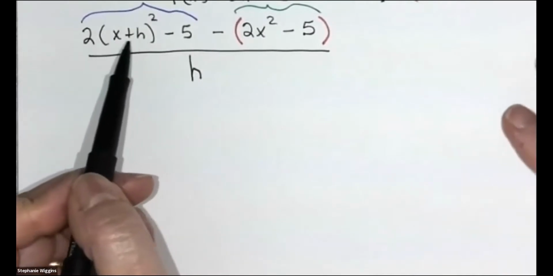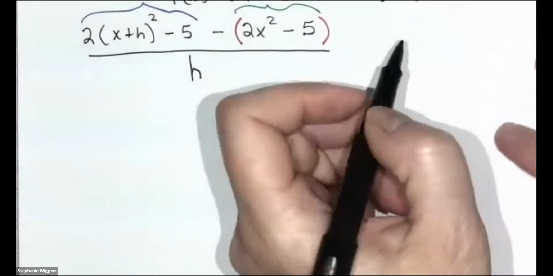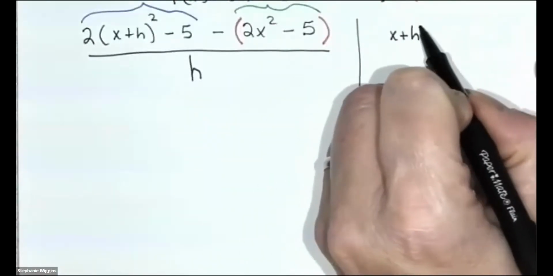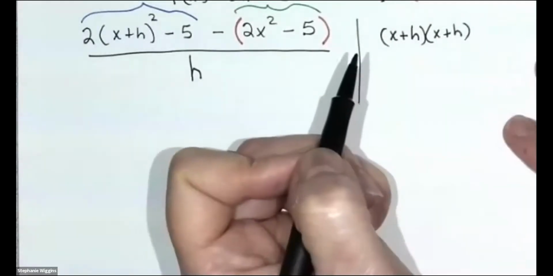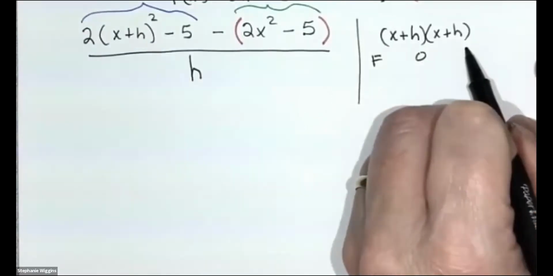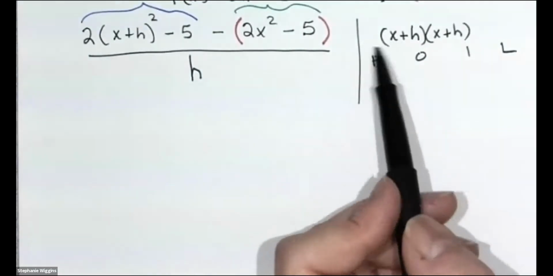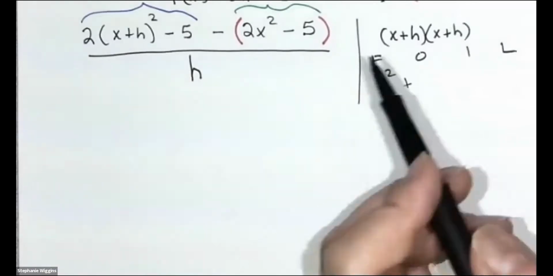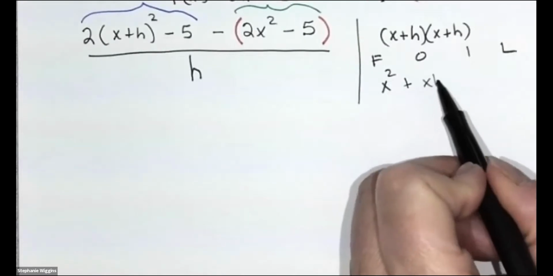First, I want to FOIL this. So just as an aside here, x plus h squared is x plus h times x plus h. And if you FOIL that, F stands for first. The first terms are x and x, so we have x squared. The outside terms, that's what O stands for, are xh, so it's going to be xh.